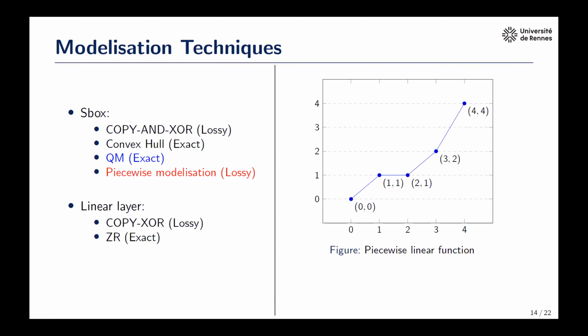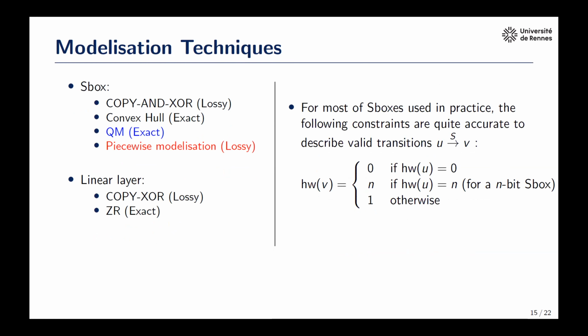We also proposed a piecewise modelization for S-boxes. So basically, the idea is to have a modelization like for word-based division property. We just modelize the transition of weight. And it works because in practice, what you want to do is to ensure that if the weight of the output is 0, then the weight of the input will be 0.